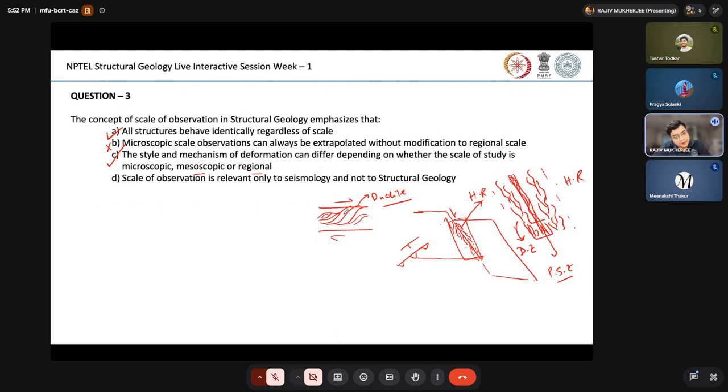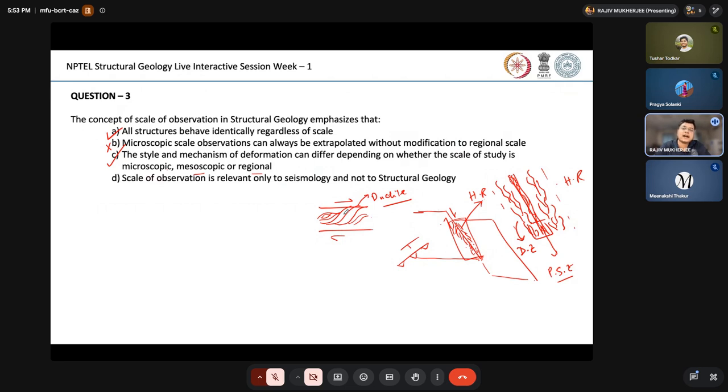Because if you produce a fold in microscopic scale, and if you produce a fold in a mesoscopic or field scale, both have to undergo viscous deformation or ductile deformation. So the option says all structures behave identically regardless of scale.